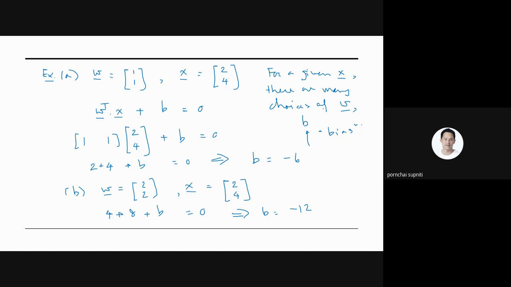Because there are many choices, what do we do? In general, we try to maximize the margin. So let's take a look at these pictures. We're still looking at the linear case, just for simplicity.